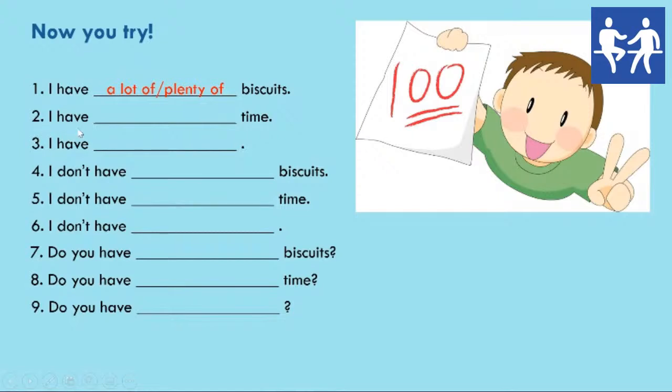Sentence 2, I have time. Again, it's a positive sentence, but time is uncountable. So it's lots of or plenty of.